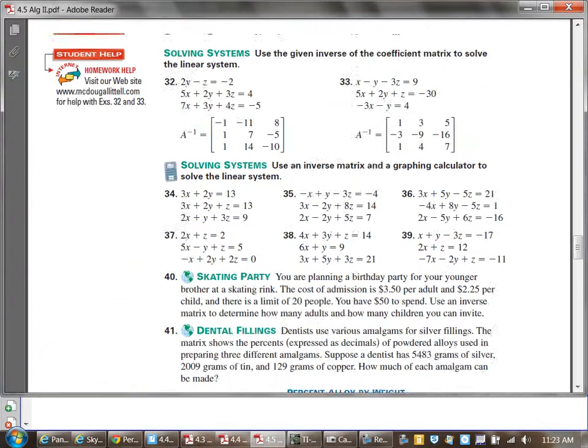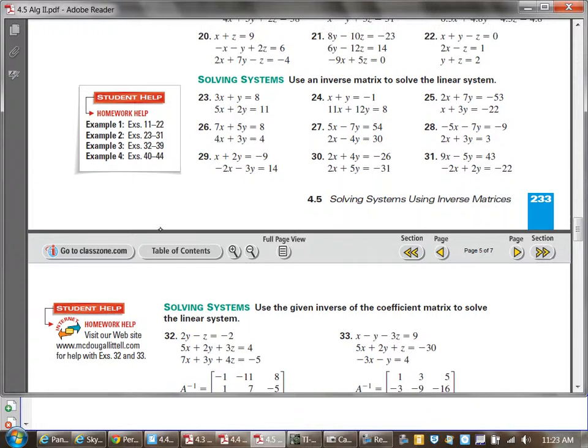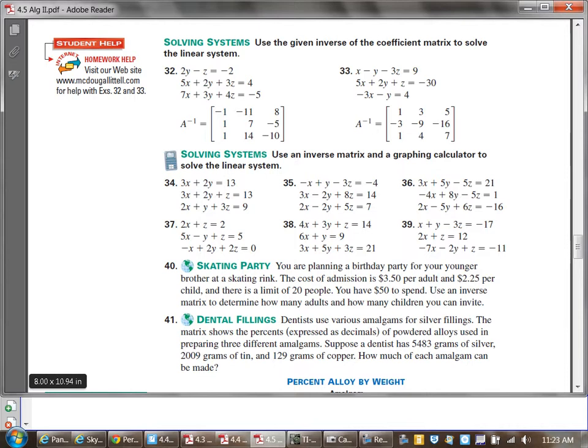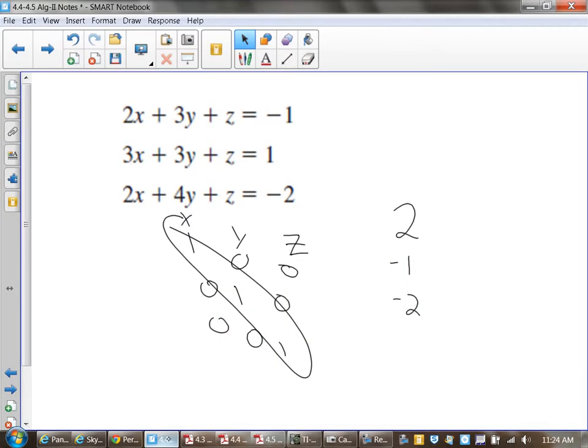And then on 4.5 is on page 233. I believe it's 10 columns. Okay? I'll rewrite it up here.